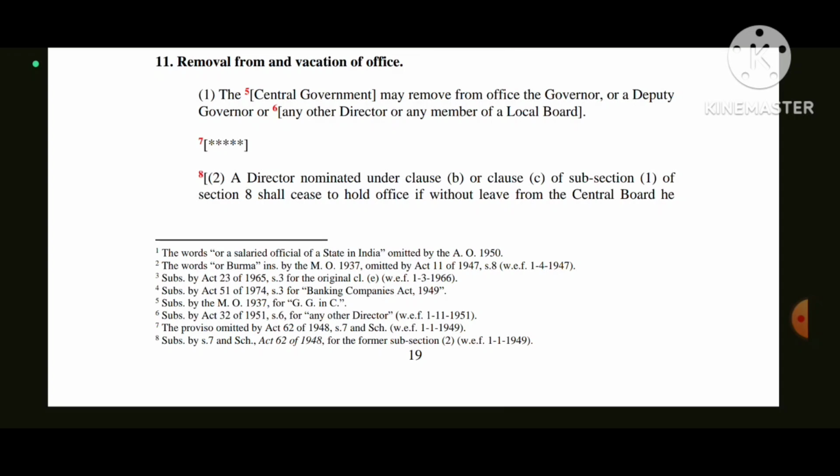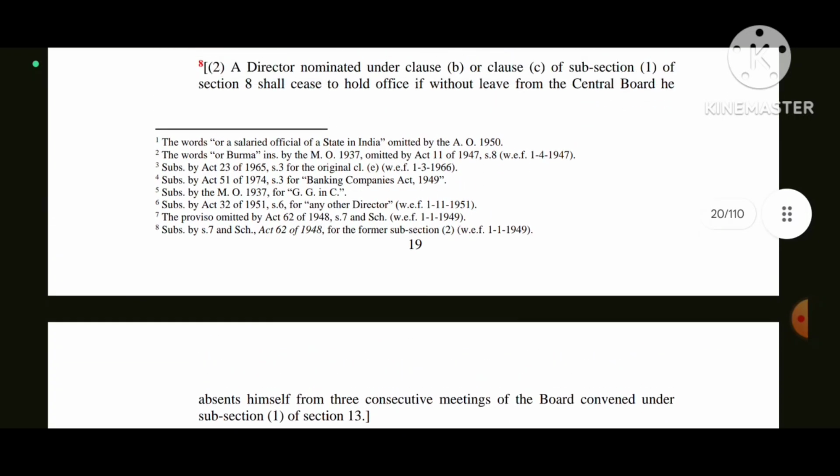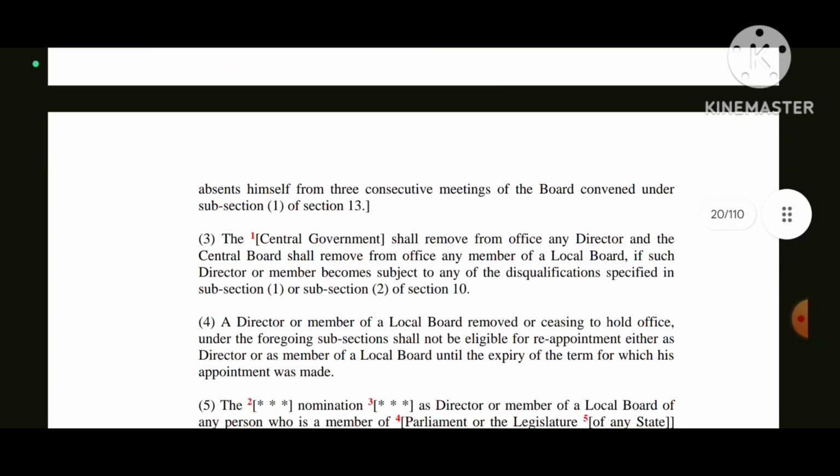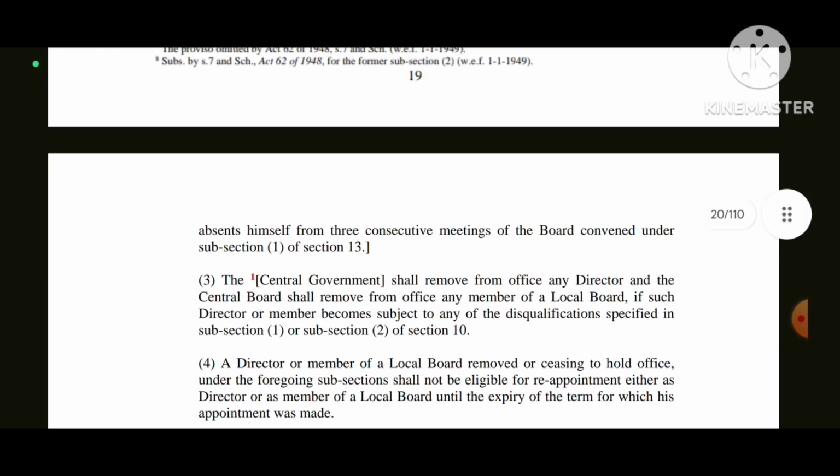A director nominated under clause B or clause C of subsection 1 of section 8 shall cease to hold office if, without leave from the central board, he absents himself from 3 consecutive meetings of the board convened under subsection 1 of section 13.